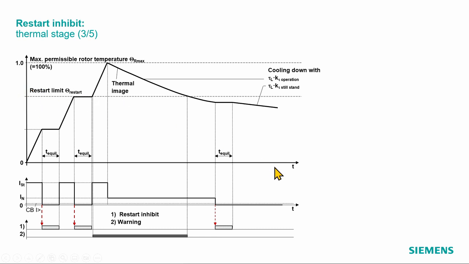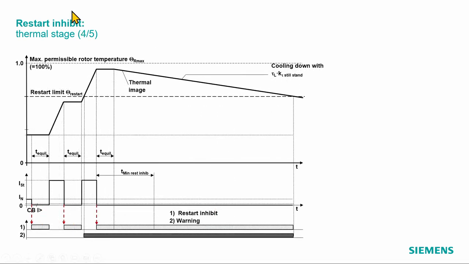So there will be no extended blocking of the closing command. We just have here again this equilibrium time. This is a setting which is by standard set to 1 minute. You have also the choice to set this to 0 if you don't want this behavior, this always, let's say, short blocking of the closing.